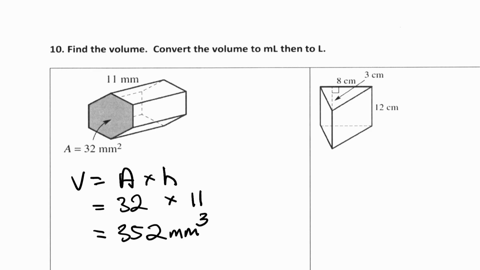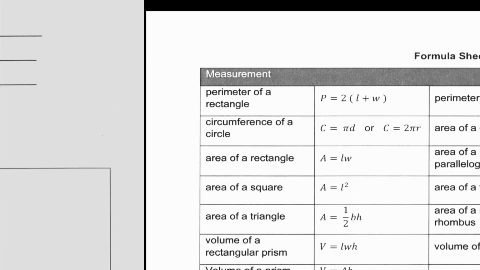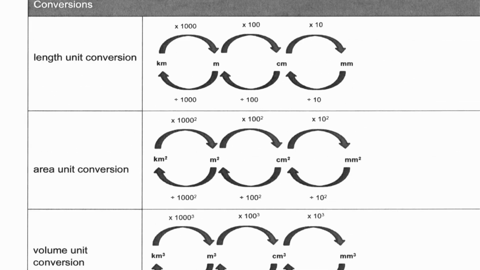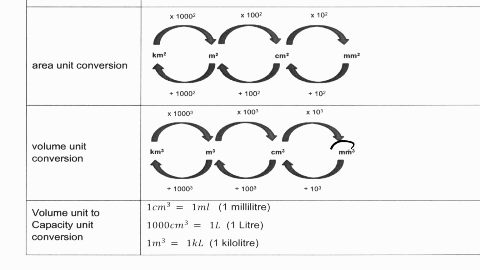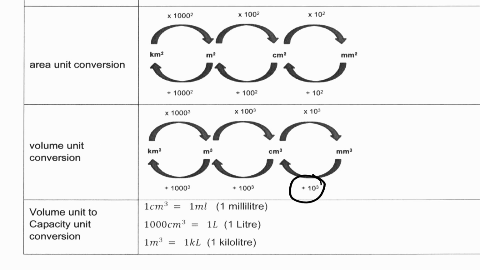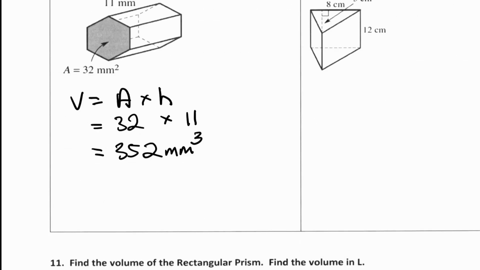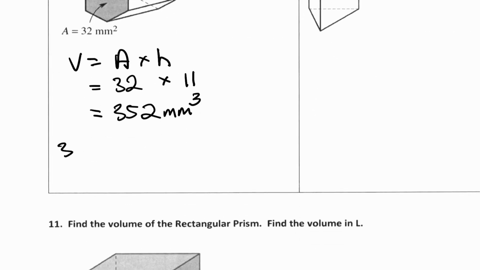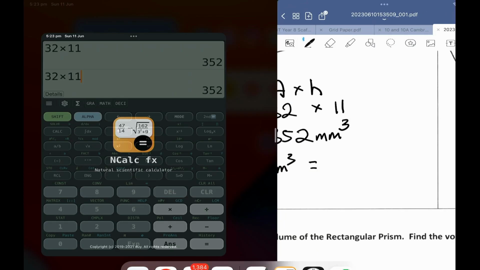Milliliters are the same thing as cubic centimeters. So we need to convert from millimeters cubed to centimeters cubed. And to do that, we need to divide by 10 cubed. So that is 352 millimeters cubed, and we need to divide this by 10 cubed.